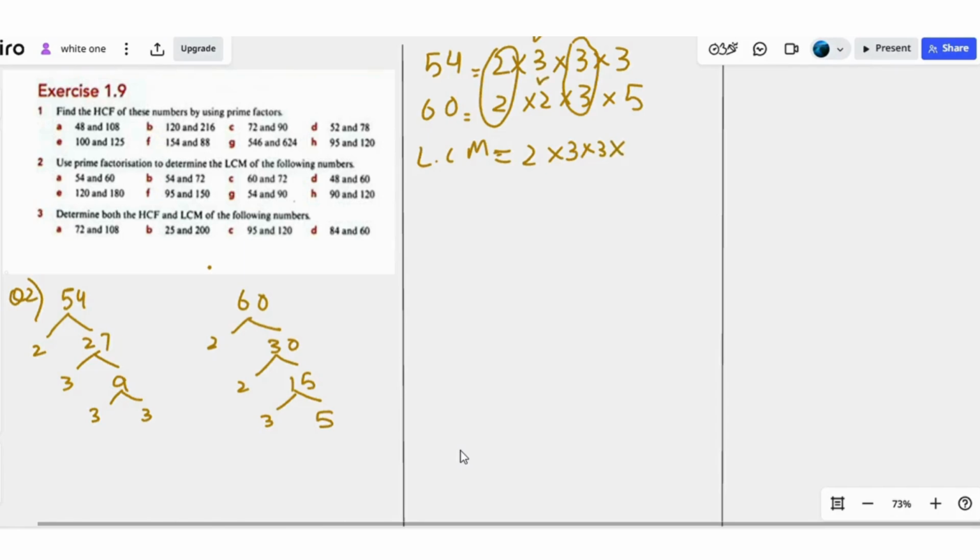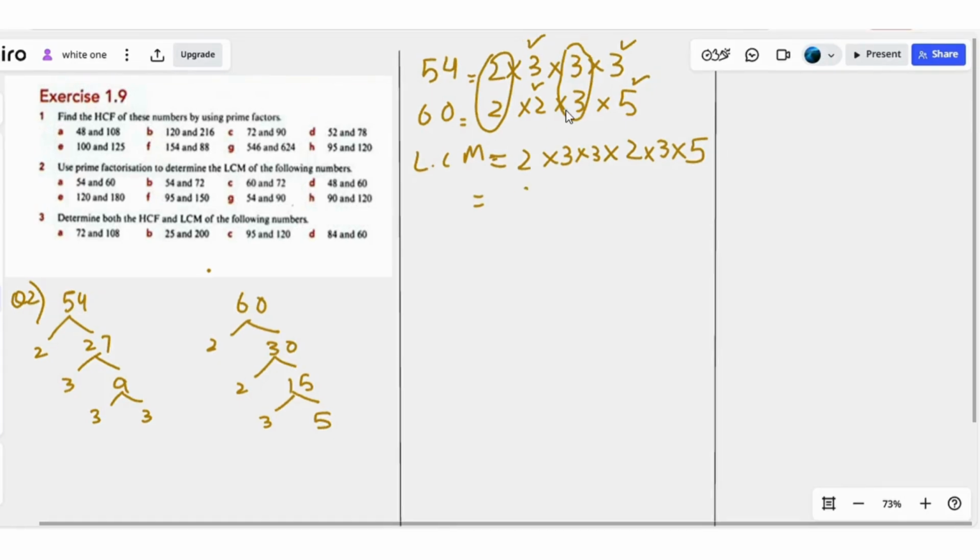You just have to write the common ones once only. And the rest of them like that. So 540 is the LCM of 54 and 60. LCM means least common multiple. Part B.